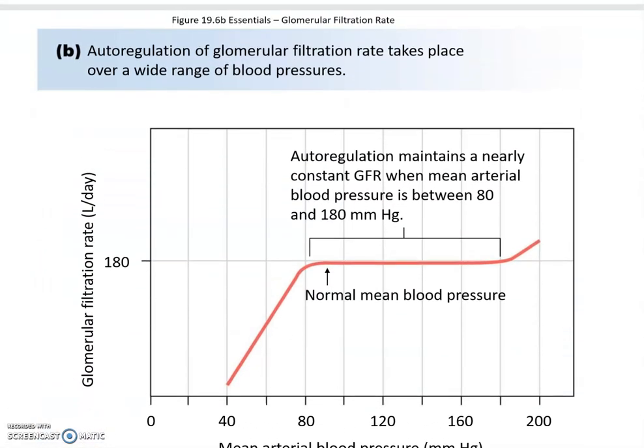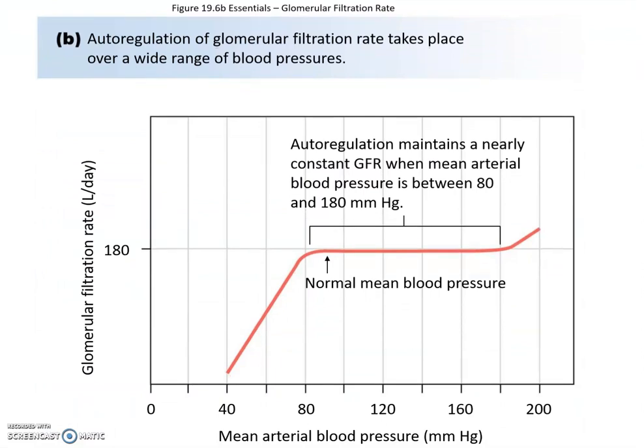So now, when you are calculating this glomerular filtration rate, what you would find is that even over a very large range of blood pressures, between 80 and 180 millimeters of mercury, and keep in mind, normal mean arterial pressure is right around 100, so 93 to be exact would be normal mean arterial pressure, anywhere between 80 and 180 millimeters of mercury, we are keeping the glomerular filtration rate constant.